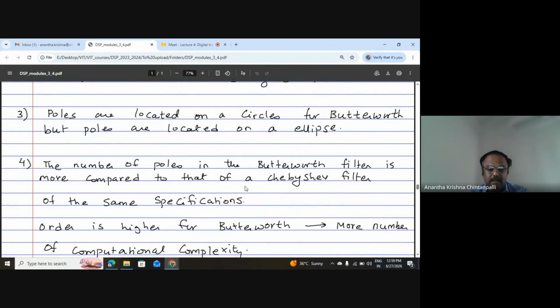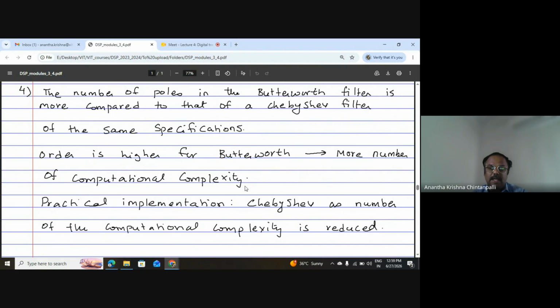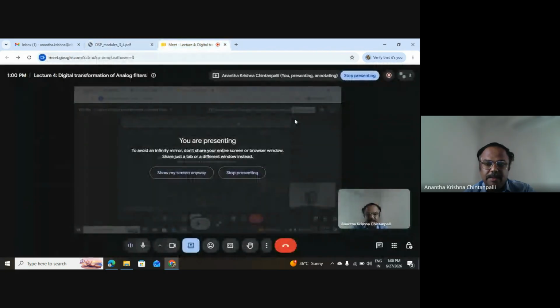So the order is higher for Butterworth, which involves more computational complexity. In practical implementation, we use Chebyshev filters as the computational complexity is reduced. So these are some basic differences between the Chebyshev and the Butterworth low pass filter.